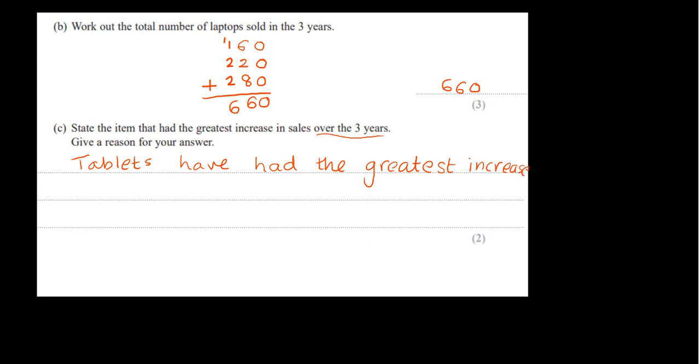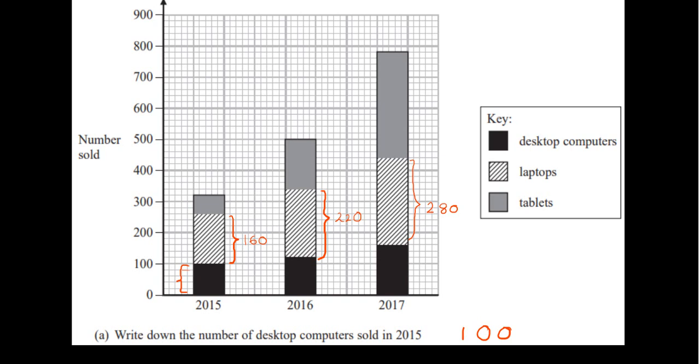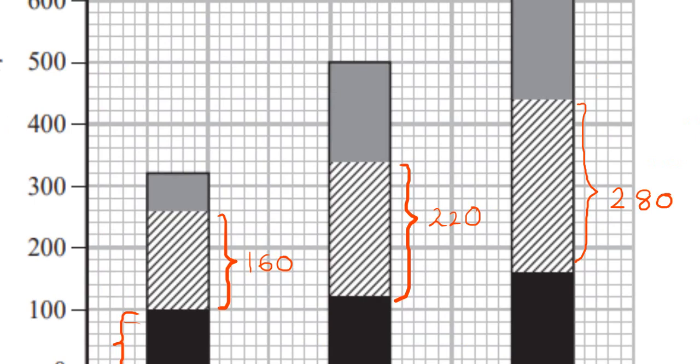And if we go back and look at the diagrams, let's choose this. So in 2015, let's zoom in a bit more. They were 3. So each one is 20. There were only 60 tablets sold.